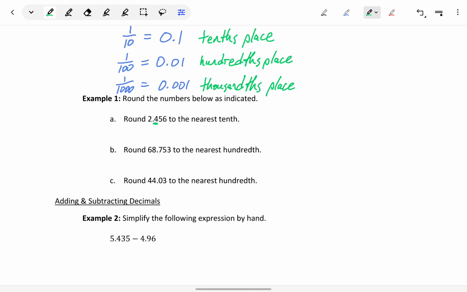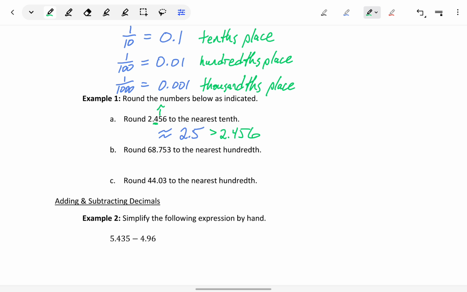Then what we do is look at the next digit to the right, which in this case is a 5 or larger, which tells us we're going to round this number up. So instead of 2.4, we're going to say that this is approximately equal to 2.5, which is greater than 2.456. So we've rounded up.